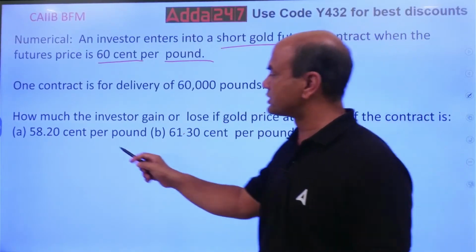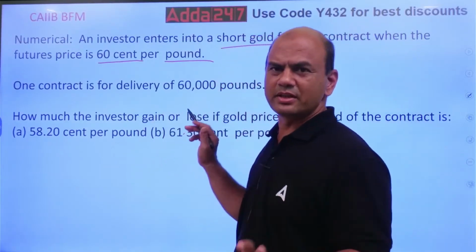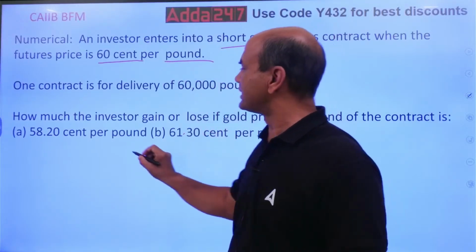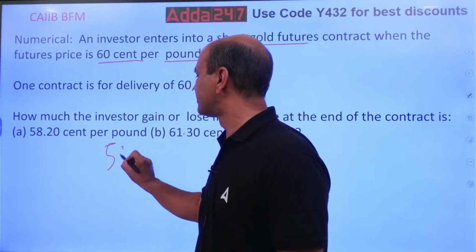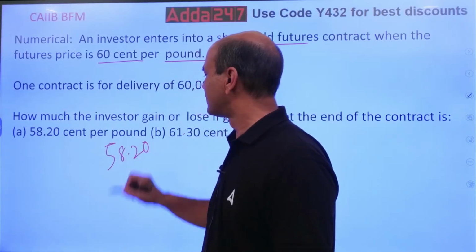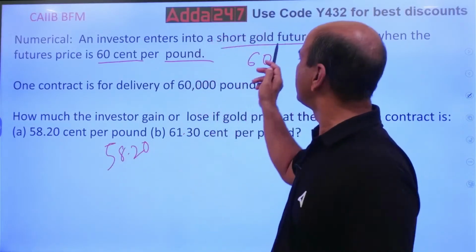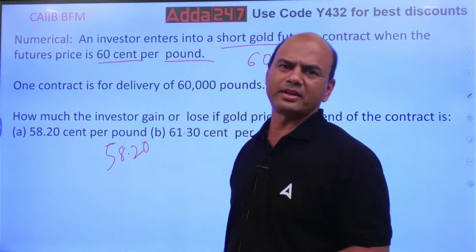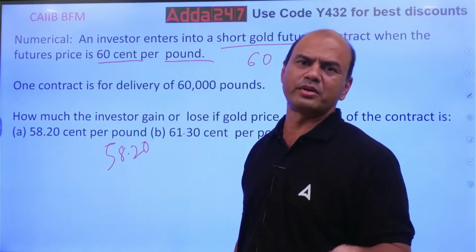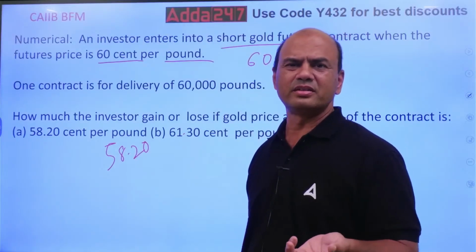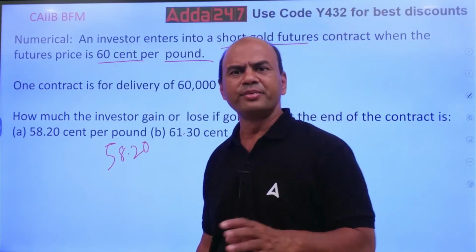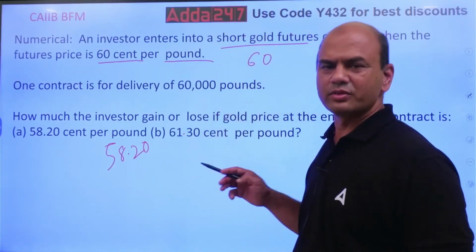Here is a very simple logic: I have sold at 60 and now the gold price is at 58.2. The difference is 1.8, multiplied by 60,000.